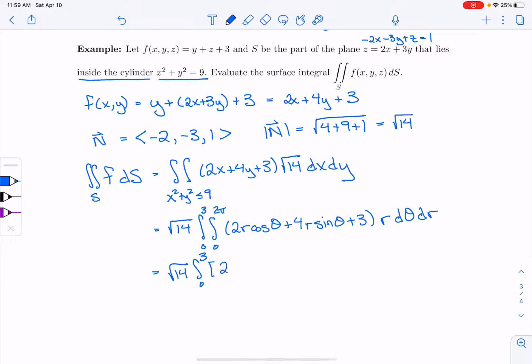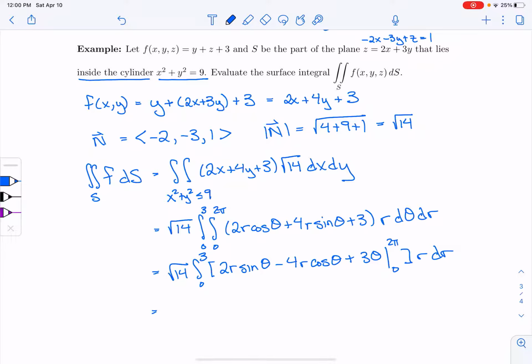So I'm going to get 2r sine theta minus 4r cosine theta plus 3 theta, all of that evaluated between 0 and 2 pi, and then that's times r dr, since the r had nothing to do with the theta integral.